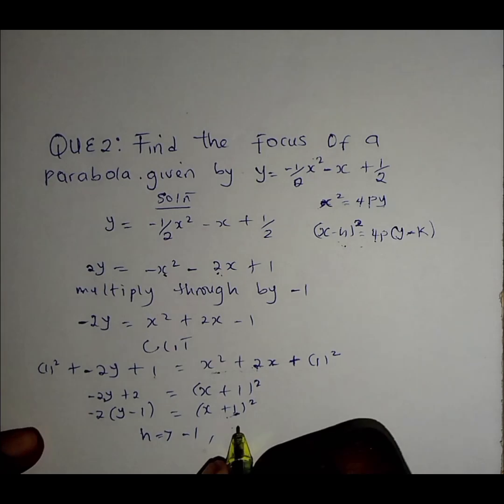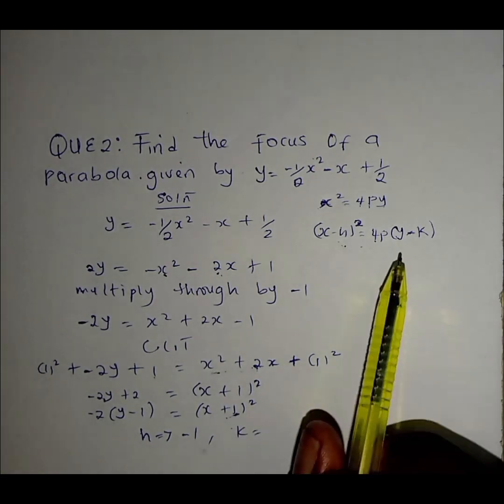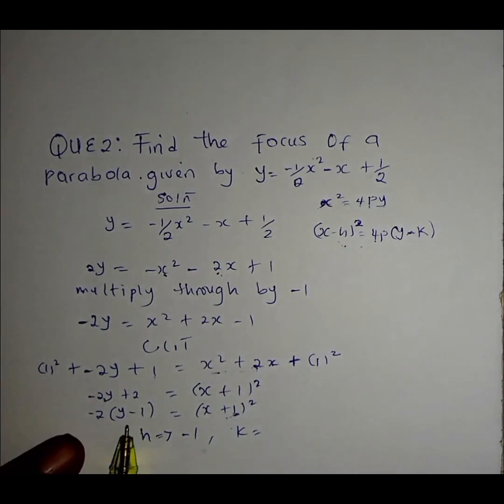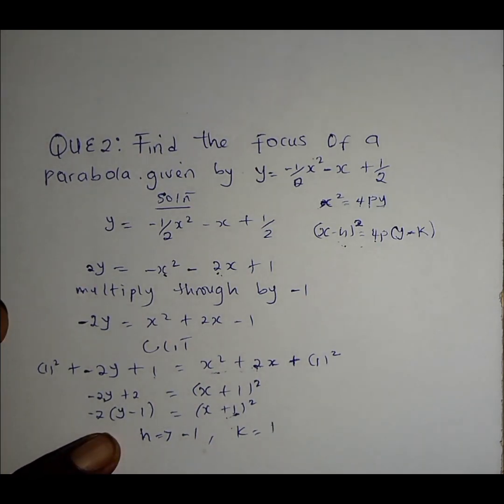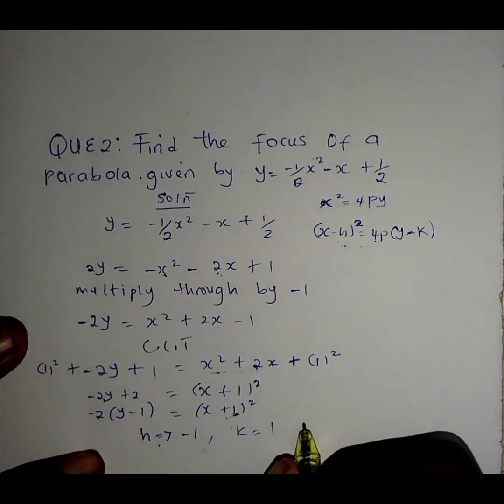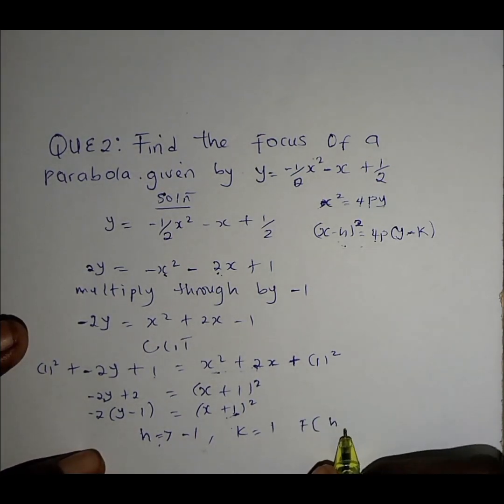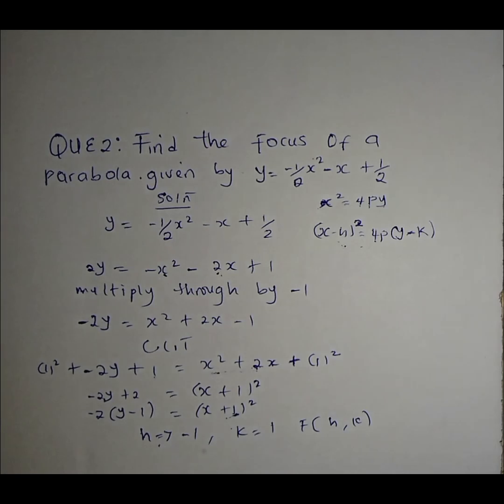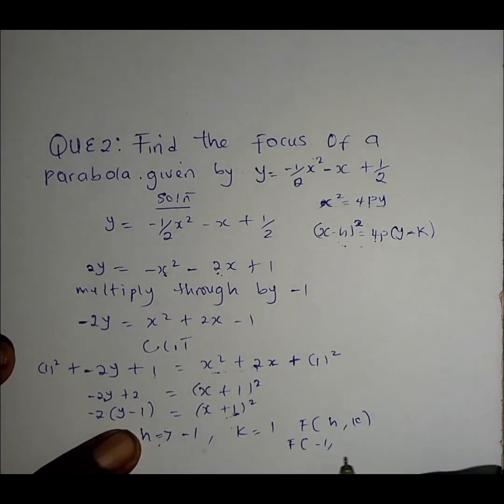Now the value for my k, my k is inside the bracket of y. So instead of being minus 1, I will change the sign and take the opposite, which is now 1. So therefore, my focus is h comma k. Therefore, my focus is now minus 1 comma 1.